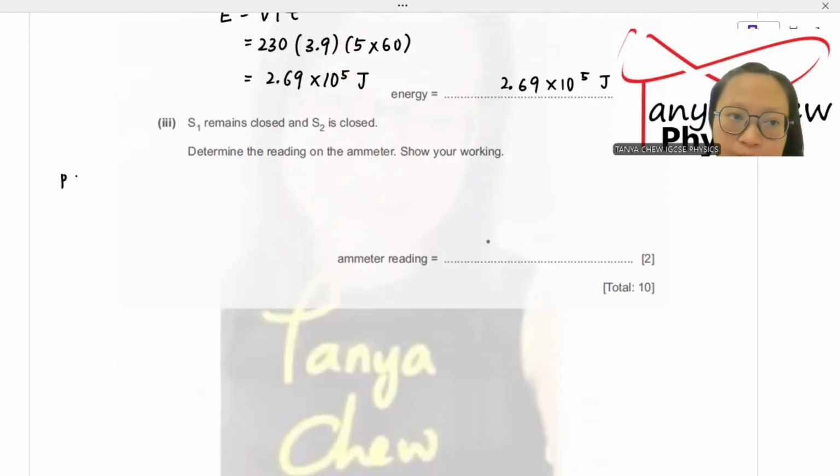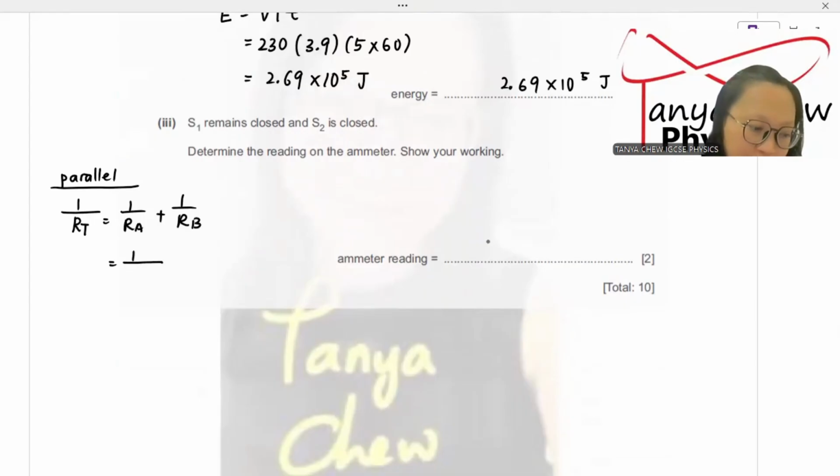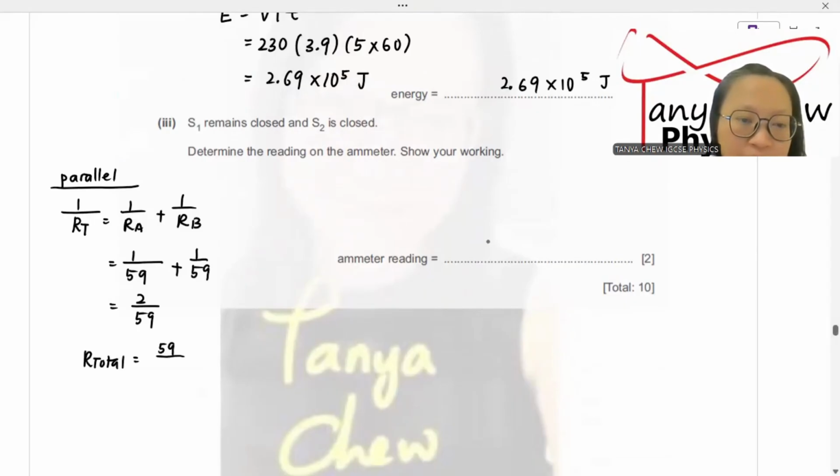For a parallel circuit, 1 over R total is 1 over resistance of A plus 1 over resistance of heater B. Since these two heaters are identical, you put 1 over 59 plus 1 over 59. So you get 2 over 59. But I want total R, so you just invert it. It is 59 divided by 2, and you get 29.5 ohm.